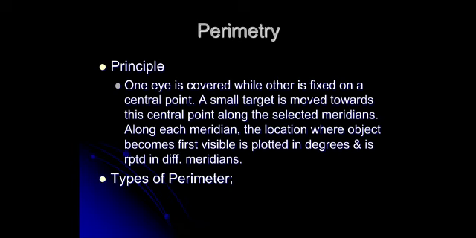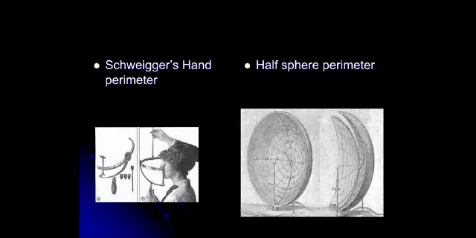A small target is moved towards the central point along the selected meridians. Along each meridian, the location where the object becomes visible is plotted in degrees and repeated in all meridians. Determination of visual field by confrontation tests the second cranial nerve.